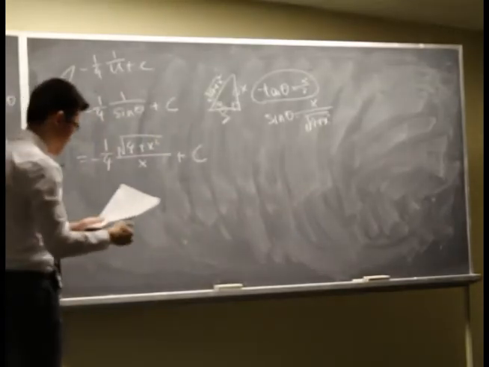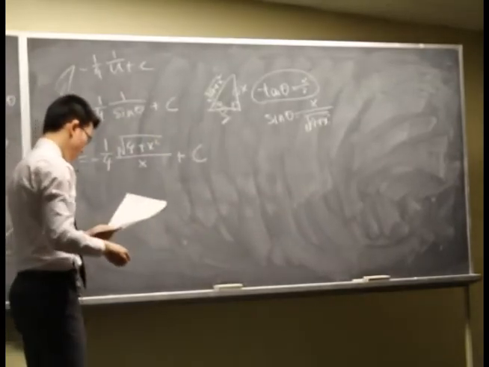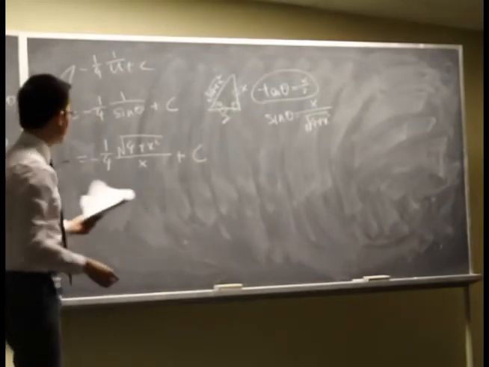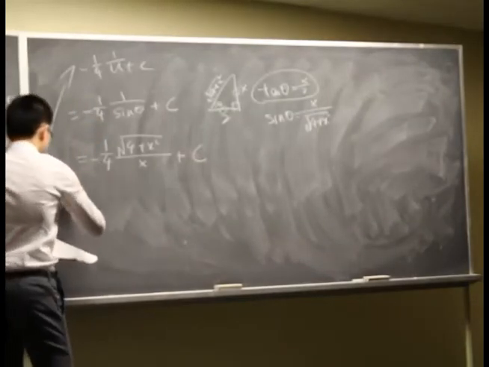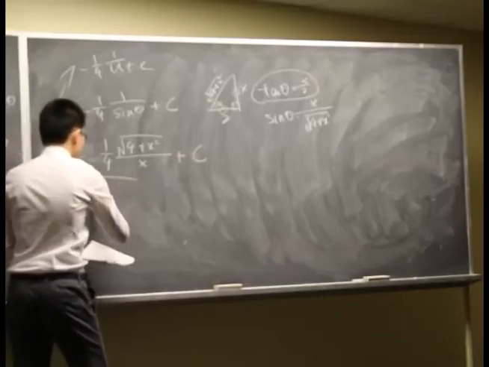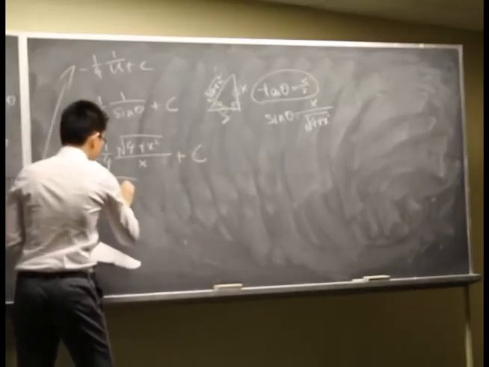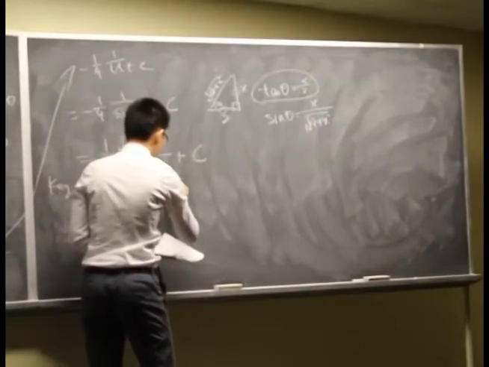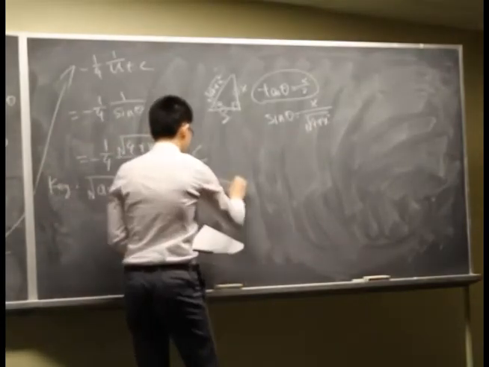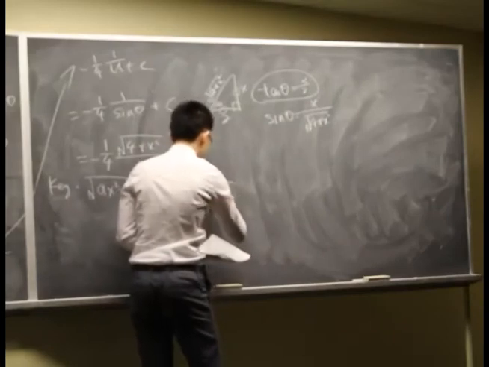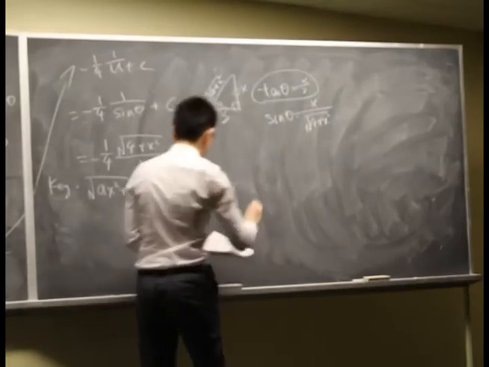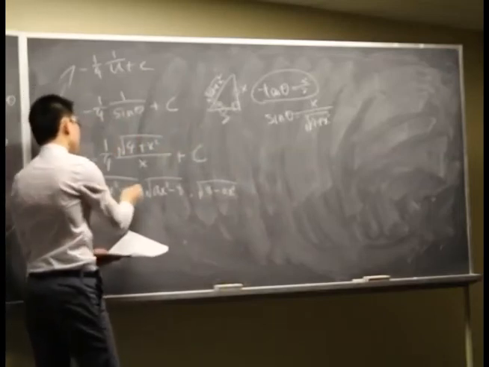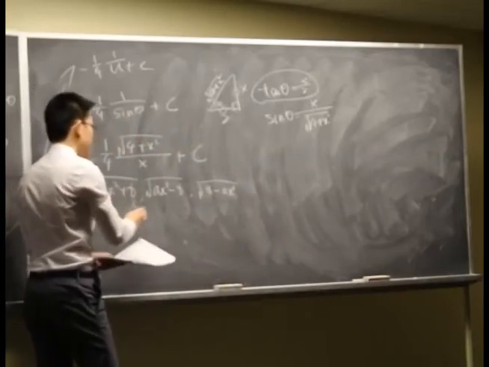That was a fairly long example. All right, the key takeaway for this example is to recognize that if we have the form ax squared plus b, or ax squared minus b, or b minus ax squared, then we have to take out the b to scale this term down to 1.